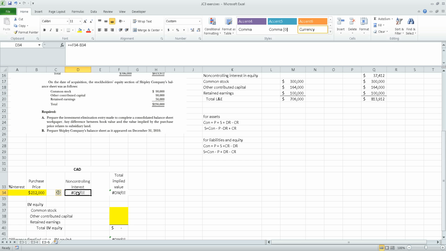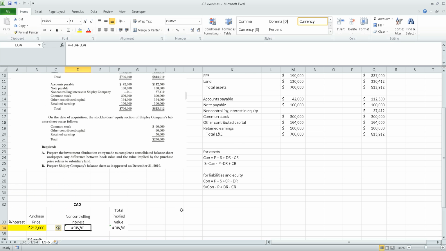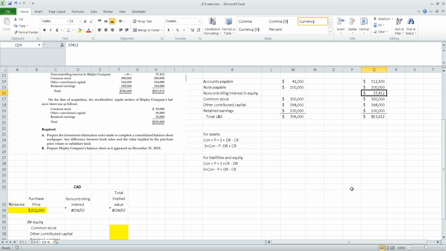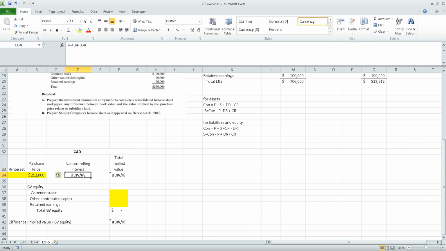It's the difference between the total implied value of the equity and the equity stake that was purchased by the acquiring company. So rather than divide this by this in order to come up with the total implied value and subtract from total implied value the purchase price to arrive at non-controlling interest, instead we can go through the back door and say, well, we know that the non-controlling interest was $37,412, so we drop that in here.